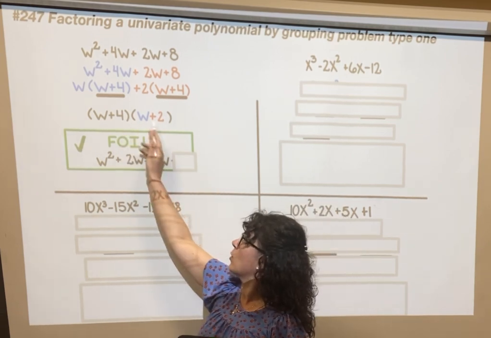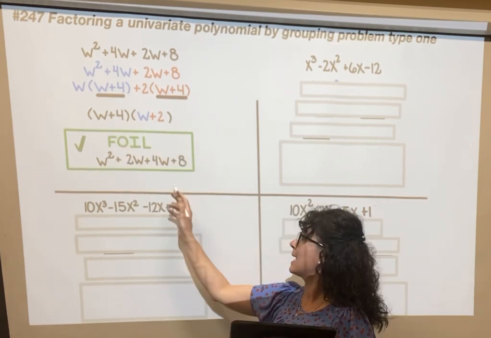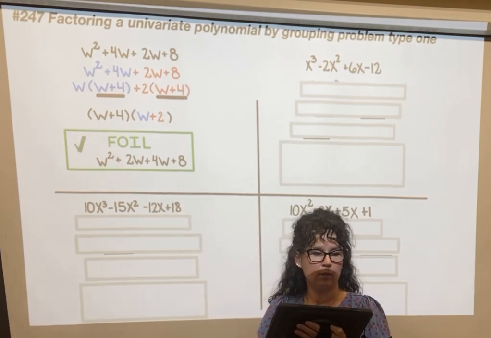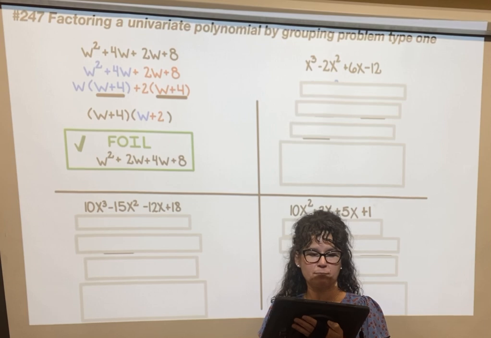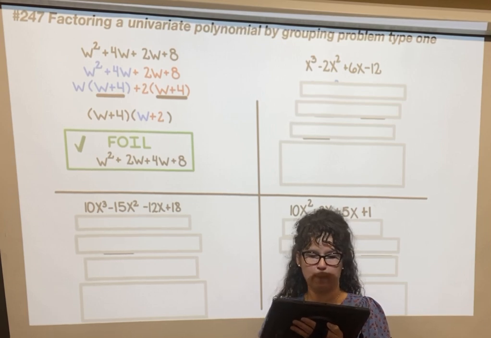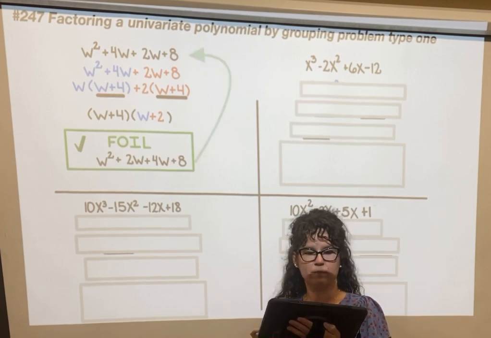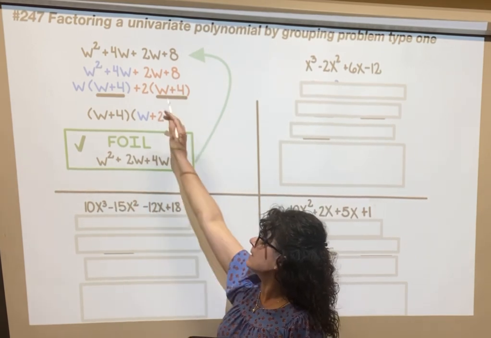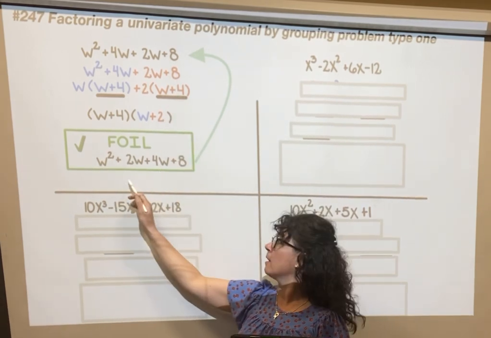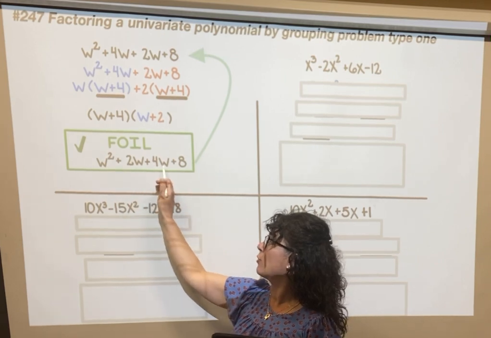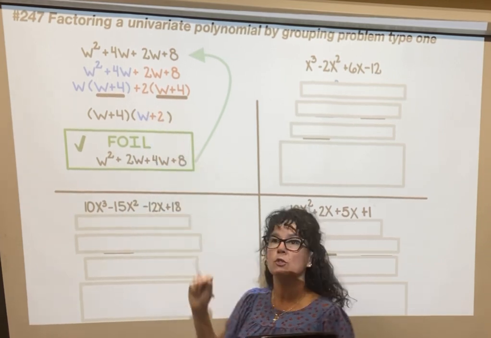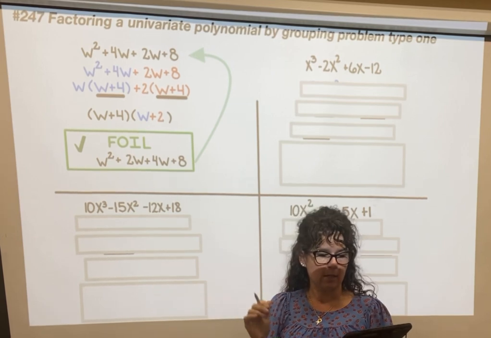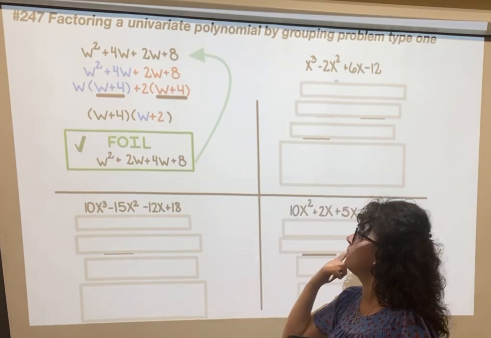And last, 4 times 2 is 8. If you compare this to the original, notice it's the same. It does say 2W plus 4W versus 4W plus 2W, but we still have the same terms. Okay, so I'm going to do 3 more examples.